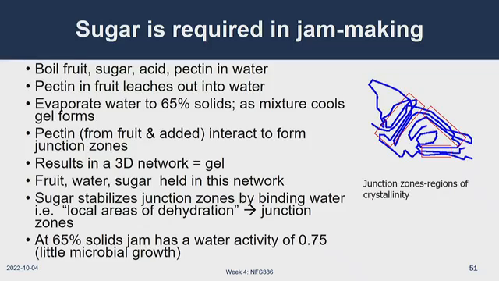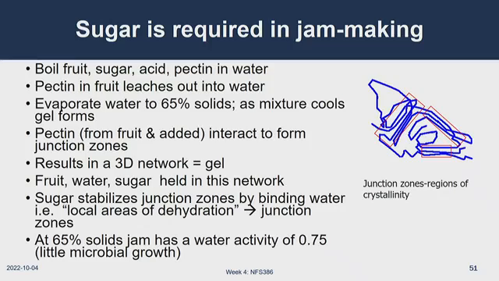The good thing is that the sugar helps stabilize the junction zone by binding water. So the AW of the jam drops, not only because of the evaporation, but also because the sugar is binding with the water to decrease the AW.